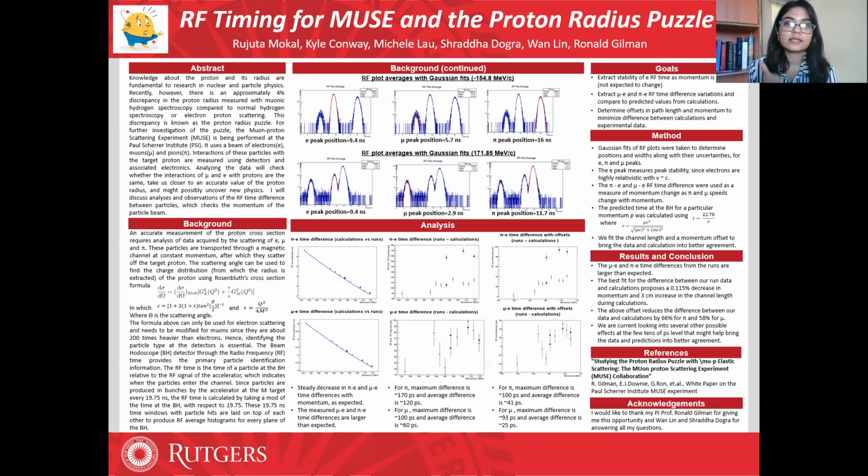The first goal is to establish the electron stability across our range of momenta. Since electrons are highly relativistic, their velocity doesn't really change with momentum. And we can see that this is true since if you look at the plots in my background section, the electron peak position at negative 154.8 MeV per c is the same as the peak position at 171.85 MeV per c.